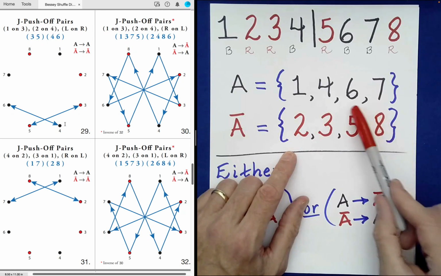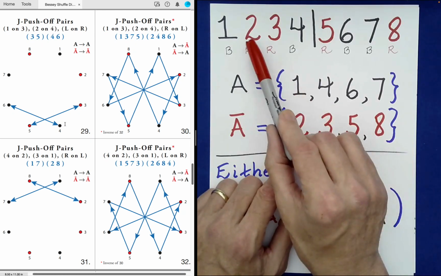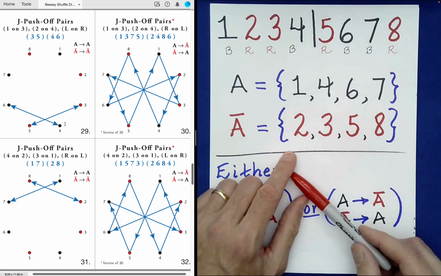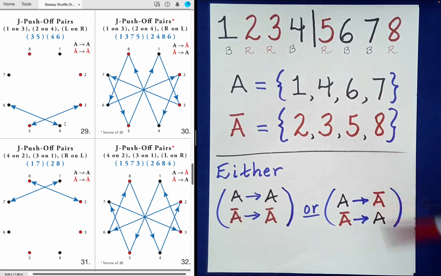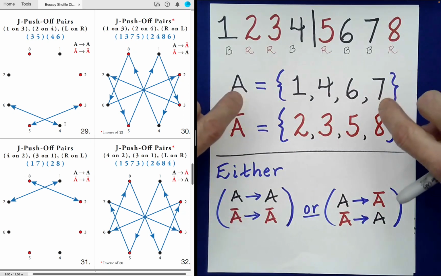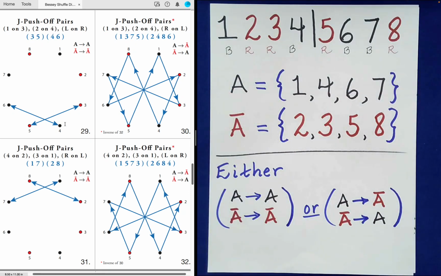Cards that originally began in positions 2, 3, 5, 8 get moved somewhere to positions 1, 4, 6, 7. So there's been kind of a wholesale exchange of the cards in those 8 positions. And consequently, we would represent this situation as follows. A goes to A complement, and A complement goes to A.